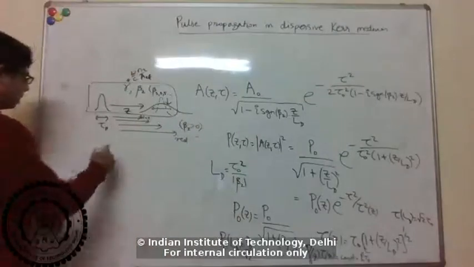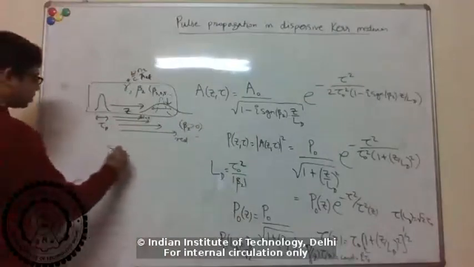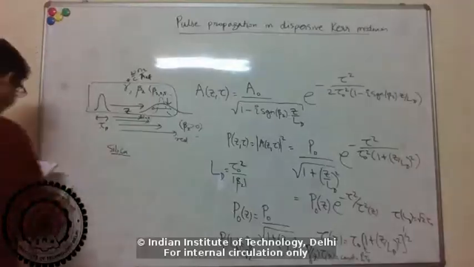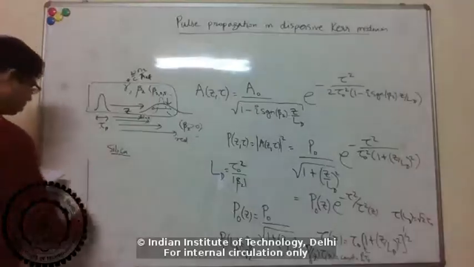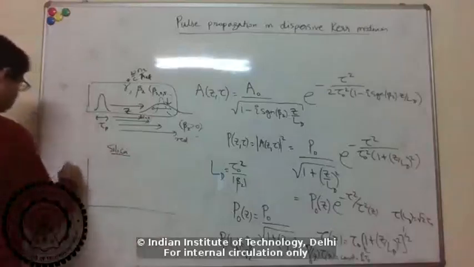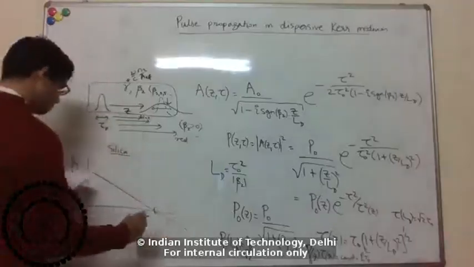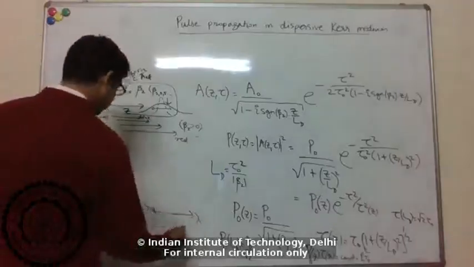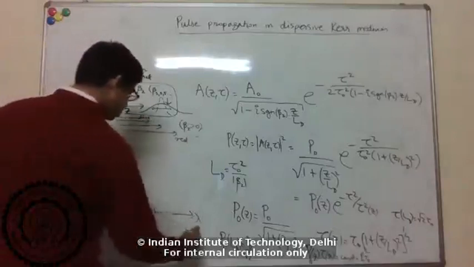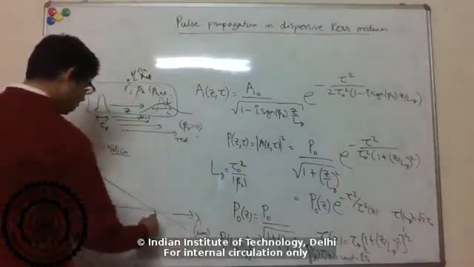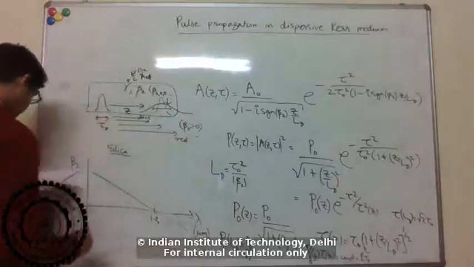So if you look at glass, silica, which is used to make optical fibers, this beta 2, the GVD parameter, we plot this as a function of wavelength. At around 1.3 micron, it crosses 0.